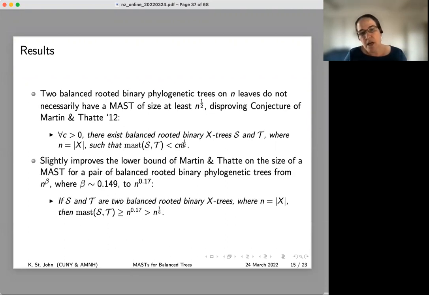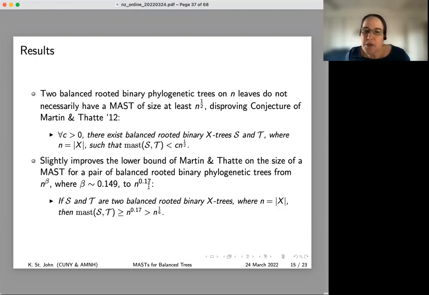And then as we were going through this, we were also able to improve the lower bound of Martin and Thatte on the size of the MAST for a pair of balanced rooted phylogenetic trees. Theirs was n to the beta, where beta is approximately 0.149, which I can rewrite as about n to the 1/7.